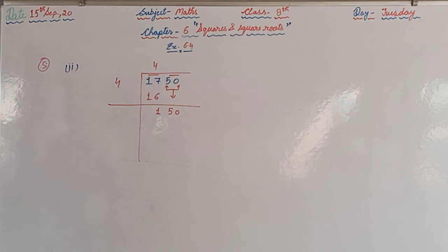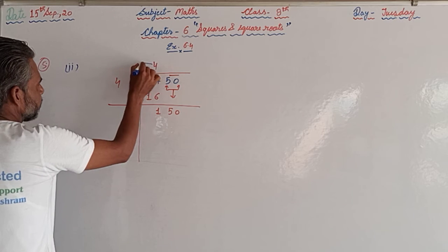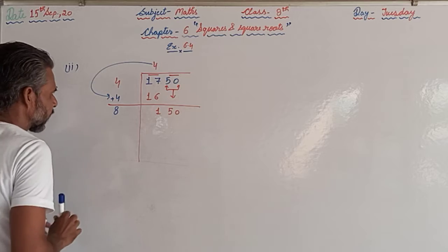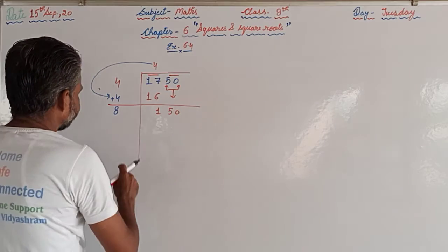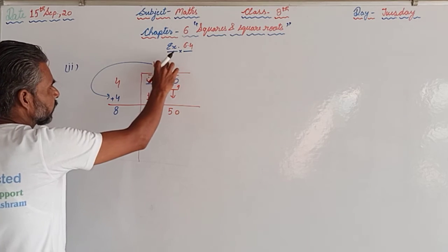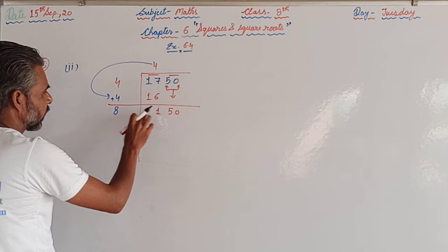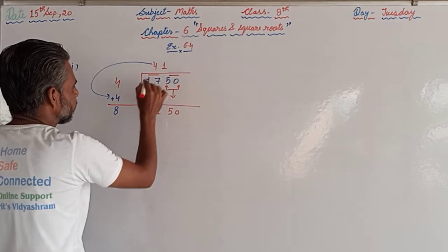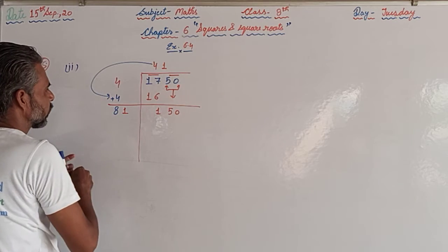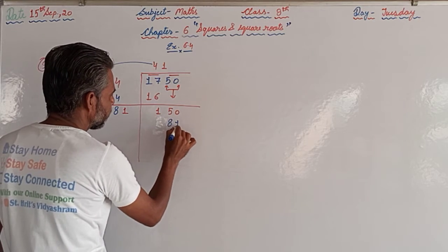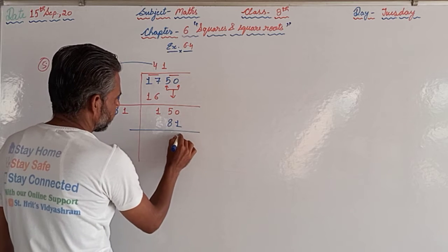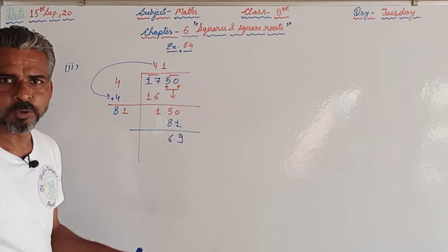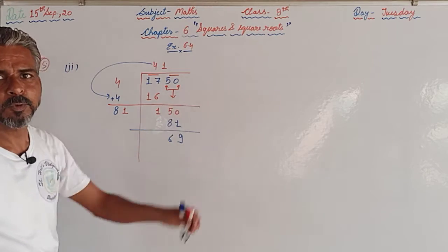So now this 4 will go this side, 4 plus 4, it will become 8, and now 81, 1 times 81 is 81, 82, 2 times 82, that will be more than 150. So we will consider 1 here, 1 here. So 81, 1 times 81 is 81, and here we will be left with 9 and 6. Now we cannot proceed further because no terms are there to be borrowed.